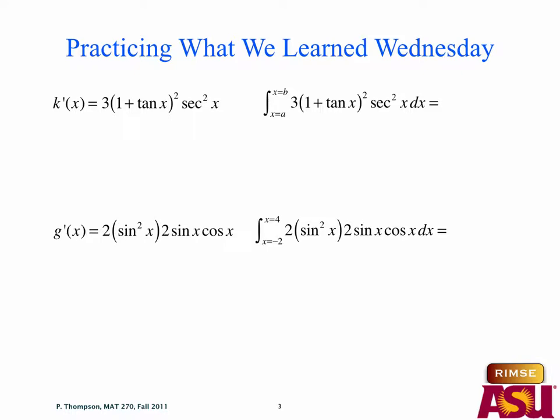All right, shall we talk? So let's just make sure that we see the big picture again, right? So what I've done is I've said, hey, this function is the derivative of something, right? I called it a rate of change function.